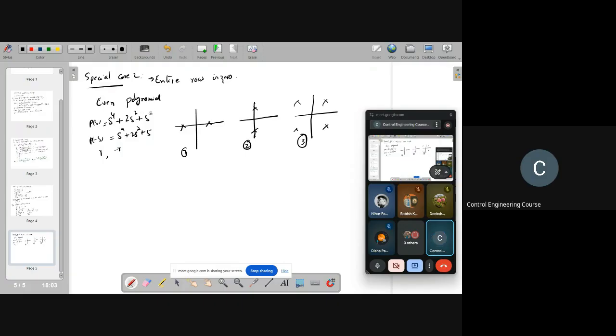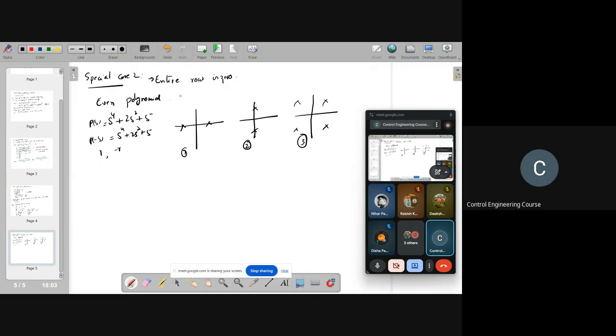Since the even polynomial is a factor of the characteristic equation, we need to find not only whether the system is stable by examining the first column of the routh array, but also the roots of this even polynomial.